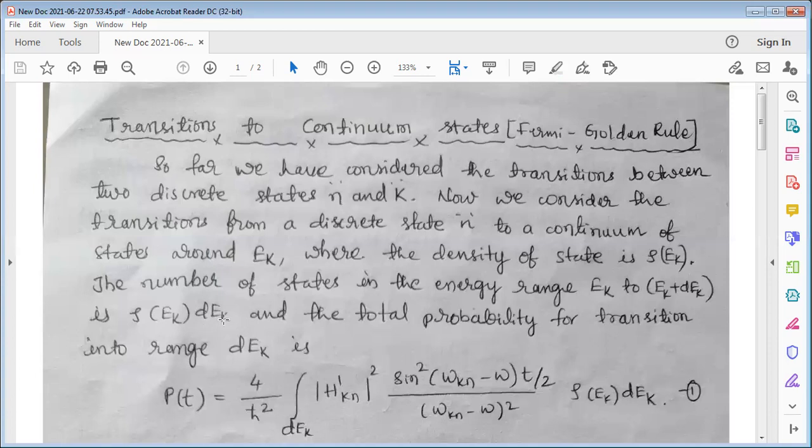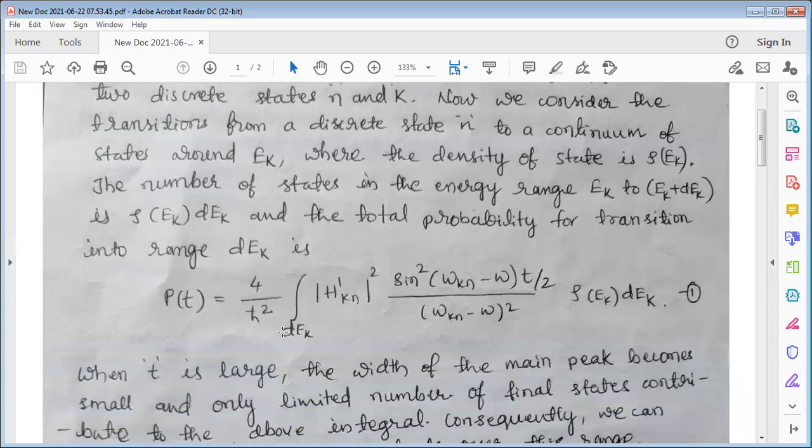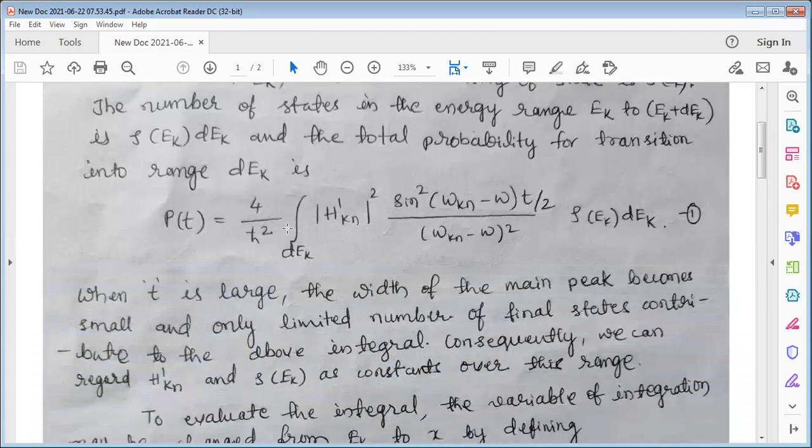That means we are multiplying the density of states by the energy range dEk, which gives the number of states available in this range of energy, and the total probability for transition into this range dEk is given by this equation, because we already discussed the probability of transition from state n to state k.